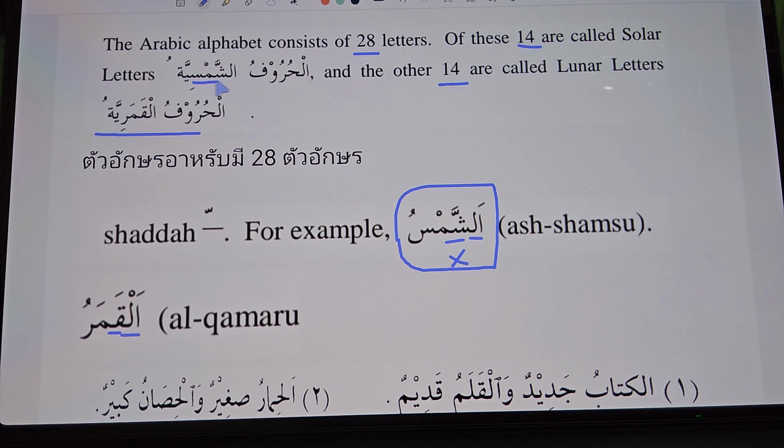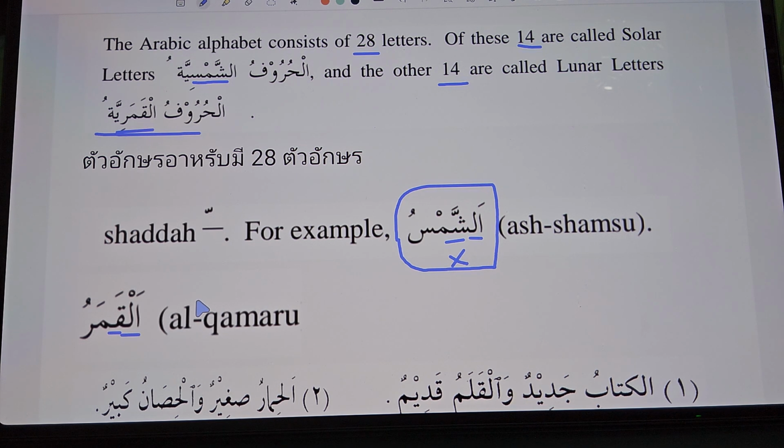Shams means sun. Al-qamar is the moon. To make it easier to memorize, you don't say al-shamsu, you say ash-shamsu. And here you don't say Aqamaru. Can we read Aqamaru?